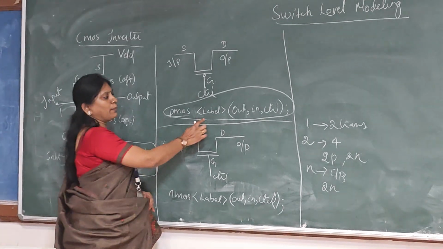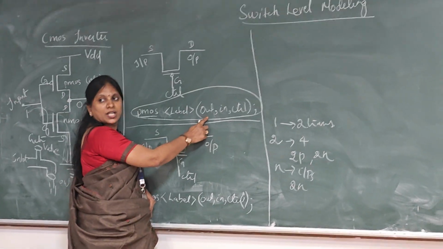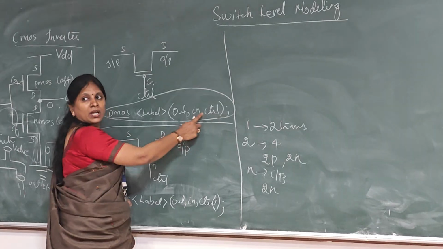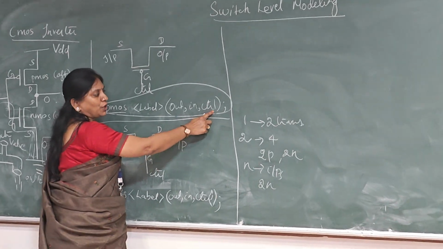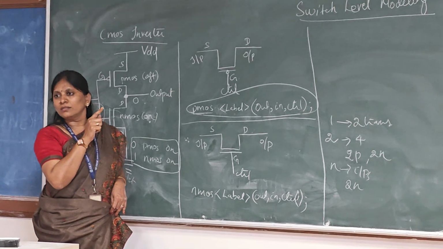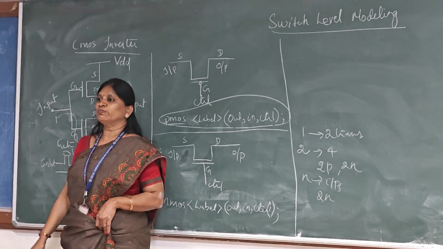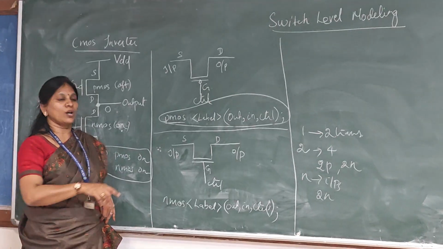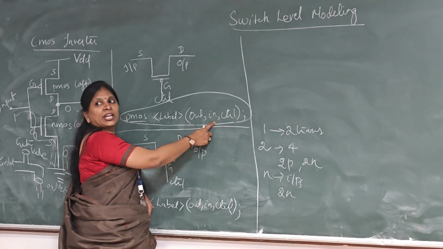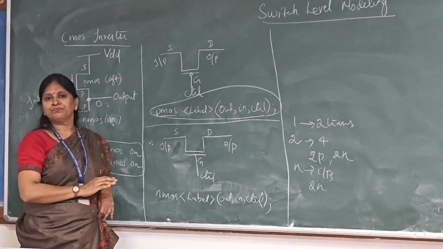Then you have to write in this order: output, input, control. Control is always the gate value, your output is the drain value, and the input is always from the source value.